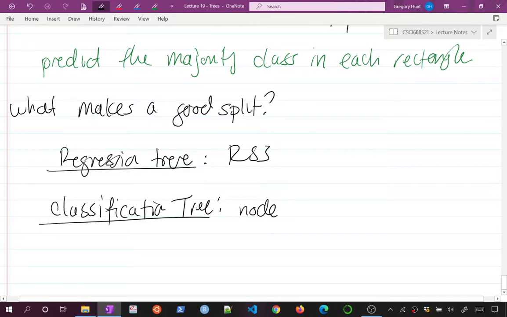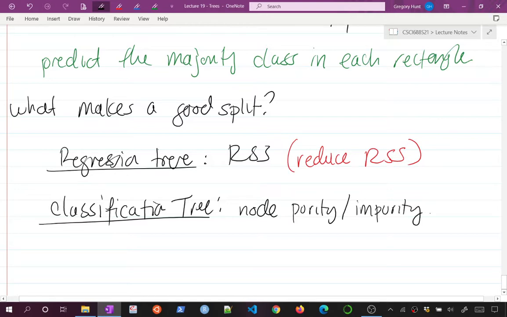For a regression tree, what do we do? We reduce RSS. We want as small an RSS as possible. For a classification tree, we have what we call node purity or impurity.